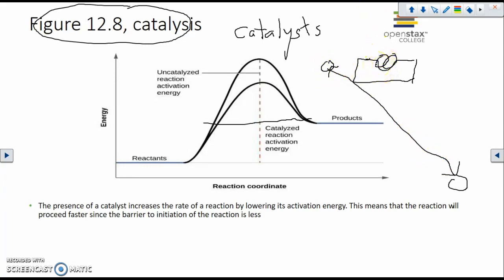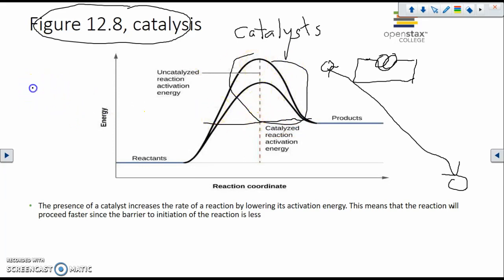So now they're going to collide because they're closer together. They might not have sufficient energy, for instance, but since they're closer together, the likelihood of them reacting is higher, and that is why you lower the activation energy.